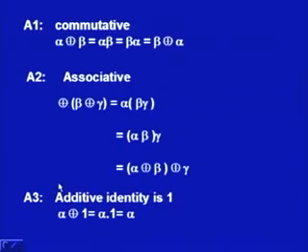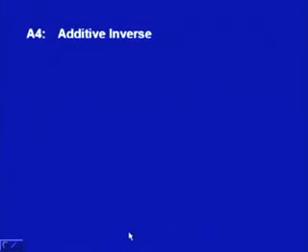Next is the additive identity. It is 1. Alpha plus 1 is equal to alpha multiplied by 1, because the way I have defined this operation, it is the product of the two. A real number multiplied by 1 is the same real number alpha. So this is the additive identity.